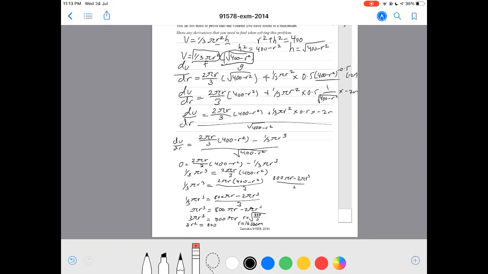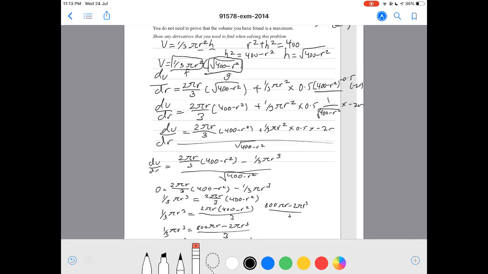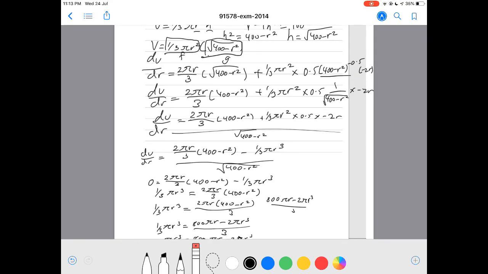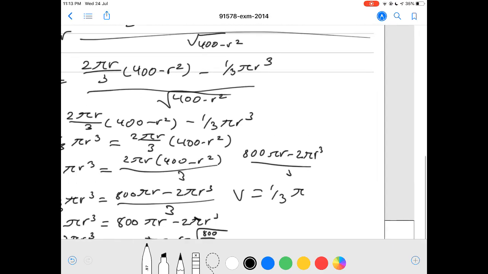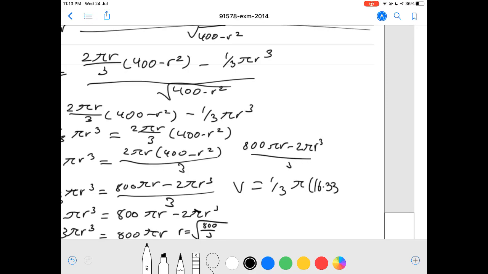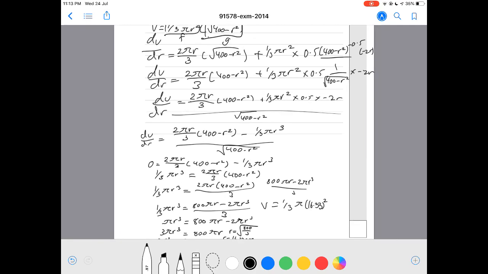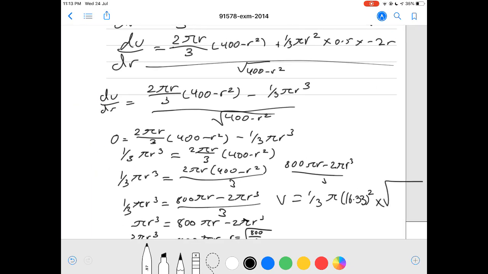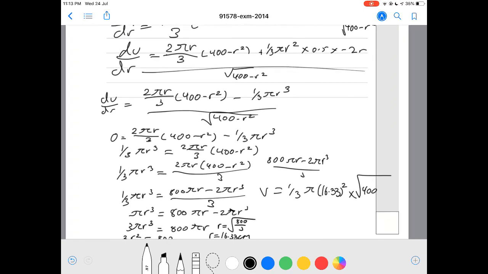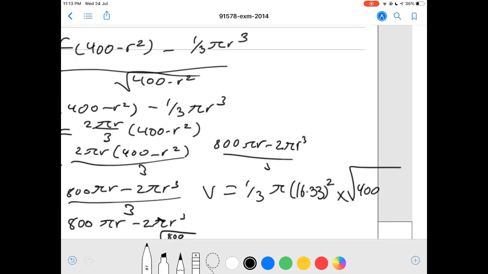So basically your equation was, not dV, it's V. So V equals 1/3 of pi r squared, where r is 16.33, so 16.33 squared, multiplied by the square root of 400 minus r squared, which is 16.33 squared.